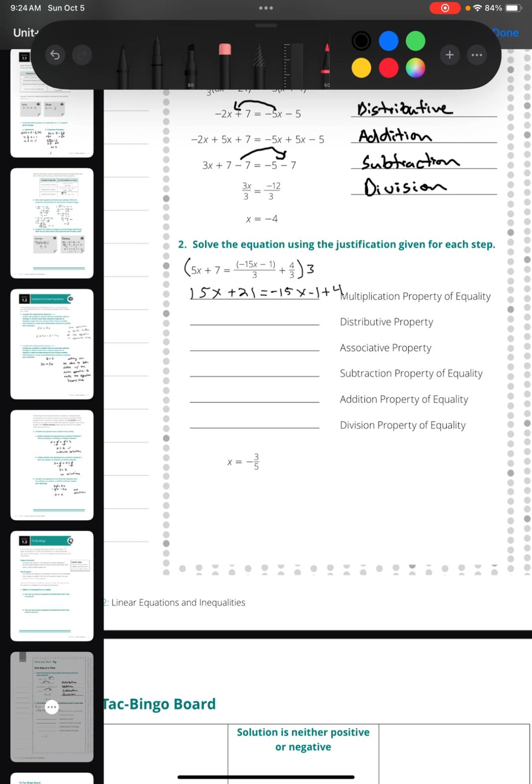Now, that associative property, they're not listing it here, but we are going to end up combining these like terms. And the distributive property already did on the right side. I'm kind of getting a step ahead. Let me erase that because I didn't realize they separated that step out there.